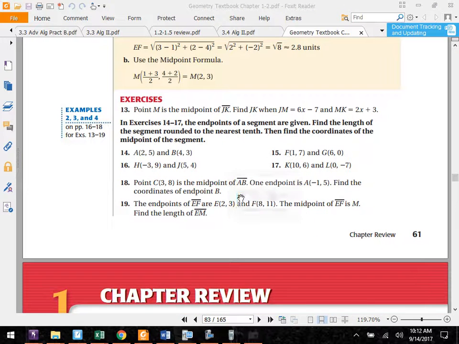13 is very similar to, I want to say number 7, I think, on the quiz.